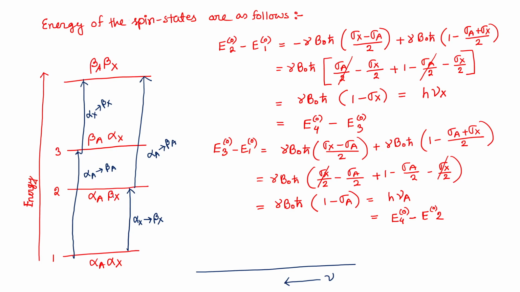So you can see there are four transitions, but two of them are equivalent in each case, and that is why you are going to see two signals, one related to nu X and one to nu A, right?